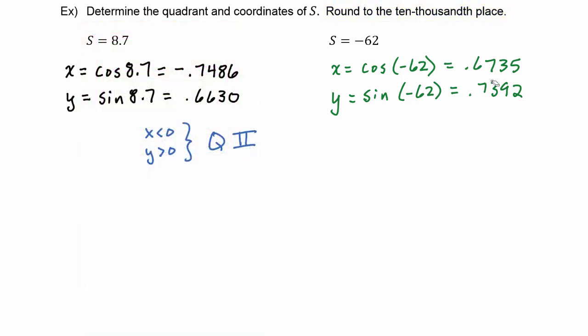Now we see that our x value is positive, our y value is positive, which means we have to be in quadrant 1.